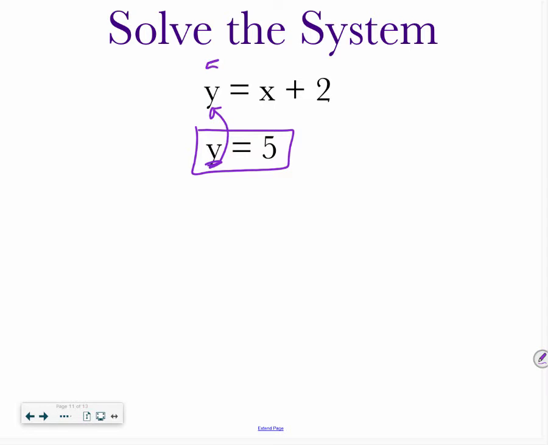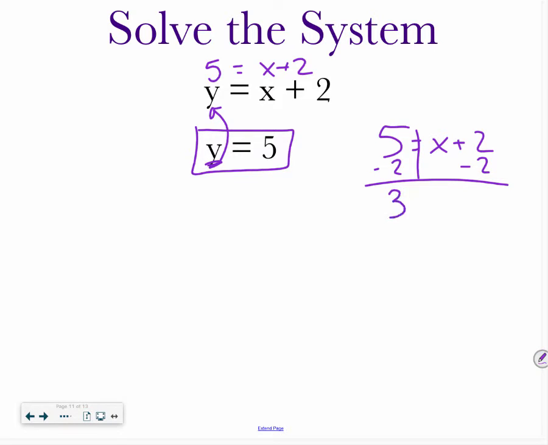So we're going to say 5 equals x plus 2, and if we solve that, all you have to do is tee it up, subtract 2 from both sides. We have 3 equals x. So we know that y equals 5, because we were told that, and x equals 3.